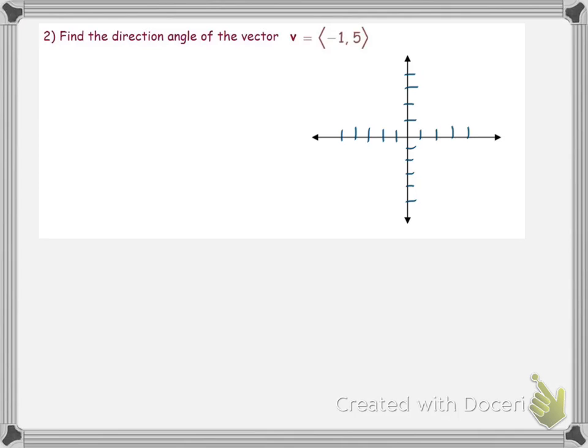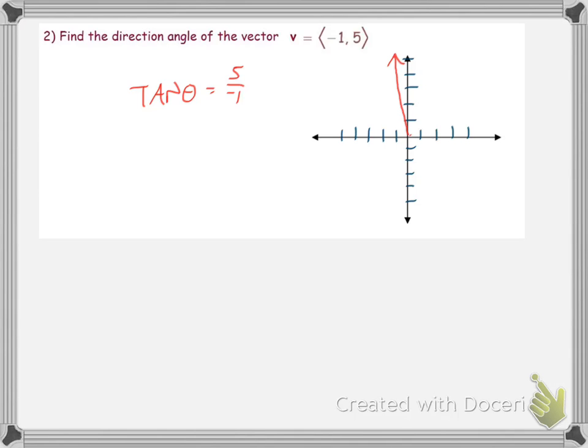So to find the direction angle of vector v here, which is -1, 5, I can do the tangent of theta is equal to 5 over -1.